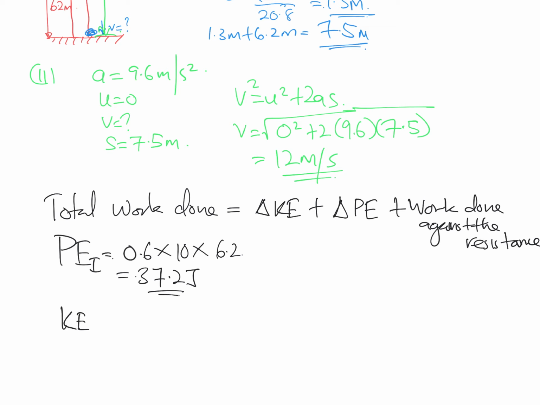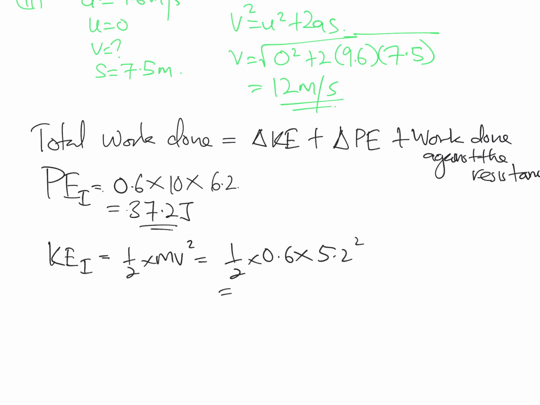And initial KE is half times m v squared, which is half times 0.6 times the initial velocity, which is 5.2 squared. The answer that I have is 8.112.